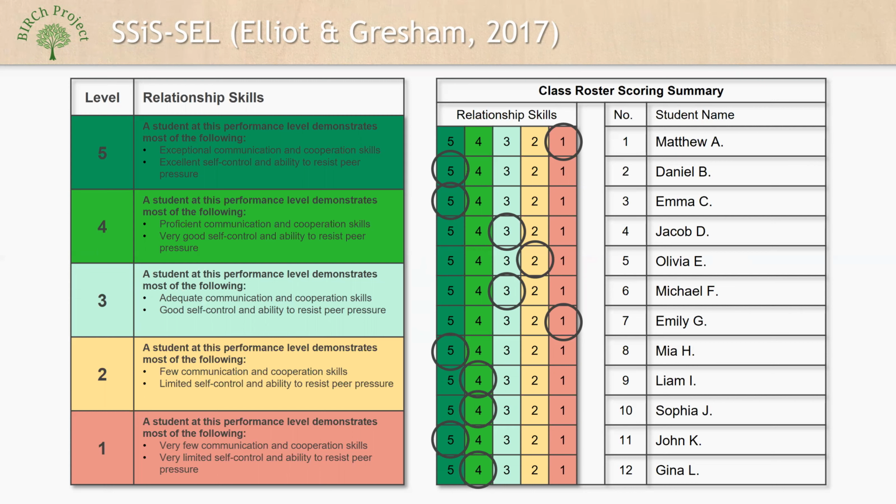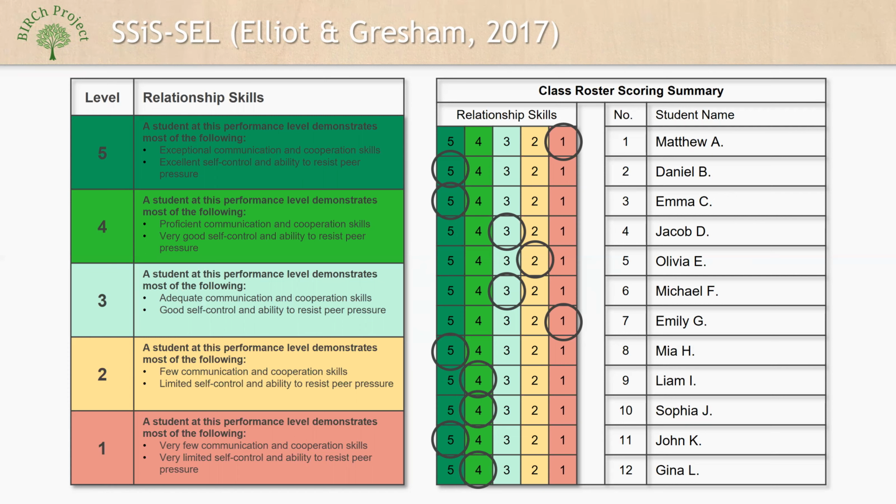Then the teacher goes down the class roster and rates students in terms of at which level of functioning that particular student falls. To do this, the teacher refers to a criterion reference guide for that particular area. So for relationship skills, a student who is functioning at a level 5 has exceptional communication and cooperation skills and excellent self-control and ability to resist peer pressure.